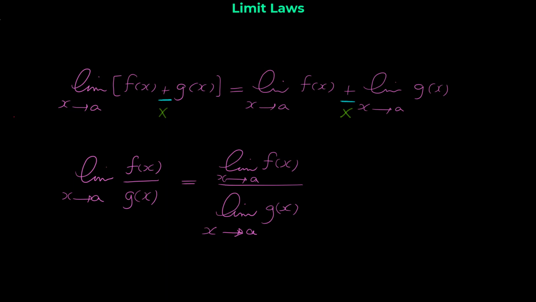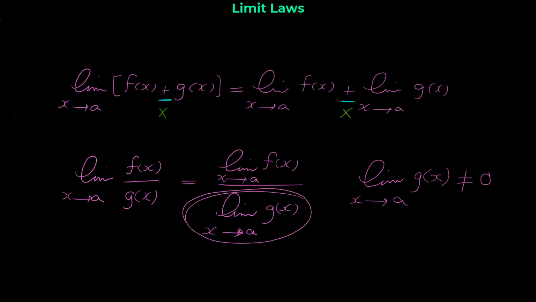But we have one extra condition, and that condition is that limit of g of x when x approaches a should be not equal to 0. So the limit of the denominator must be not 0.